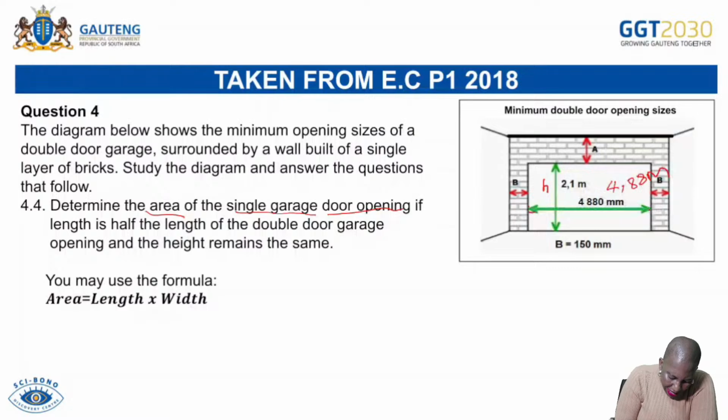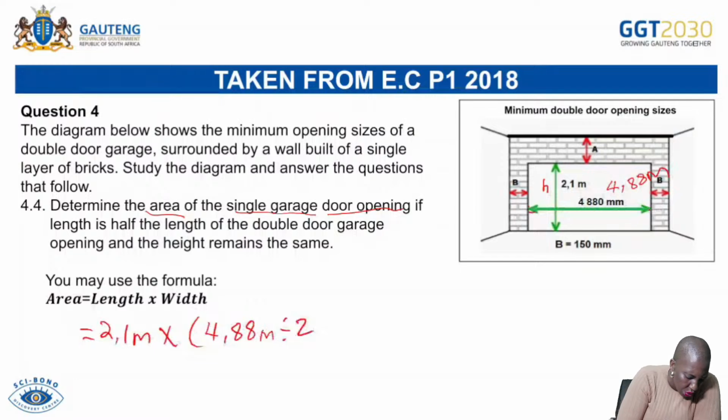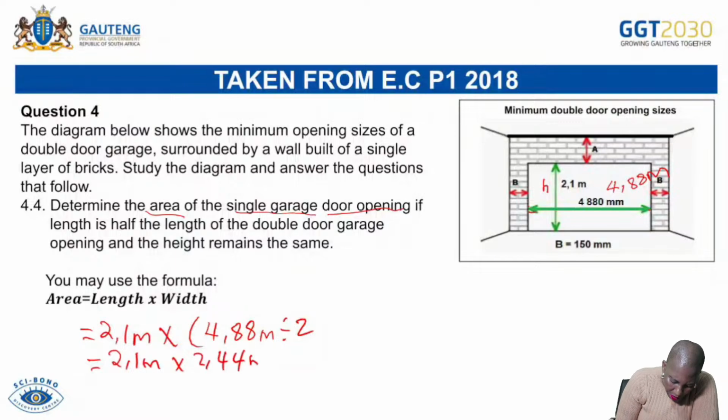4,88 meters. But that 4,88 is from here up until here. So now the area here will be the length, which is the height, 2,1 meters multiplied by the width. Now when it comes to the width, I have to divide 4,88 meters by 2. So 4,88 divided by 2 gives me 2,44. So it will be 2,1 meters multiplied by 2,44 meters.